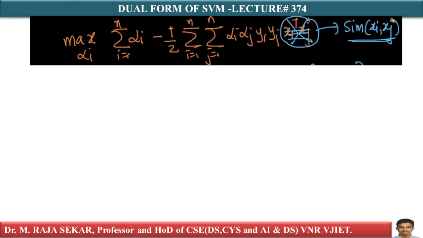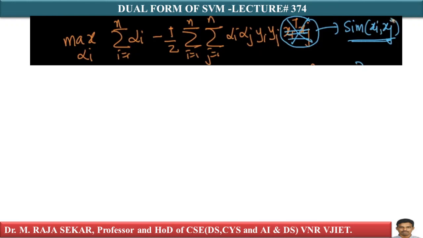We cannot interpret it in primal form. What does it mean? In primal form it is not possible. This is what made support vector machines super popular, as we get this interpretation only in the dual form.